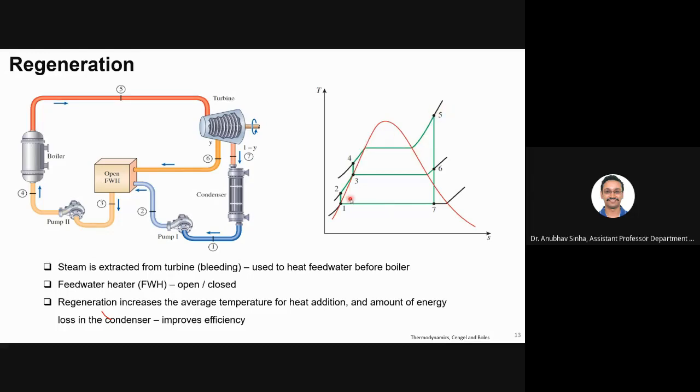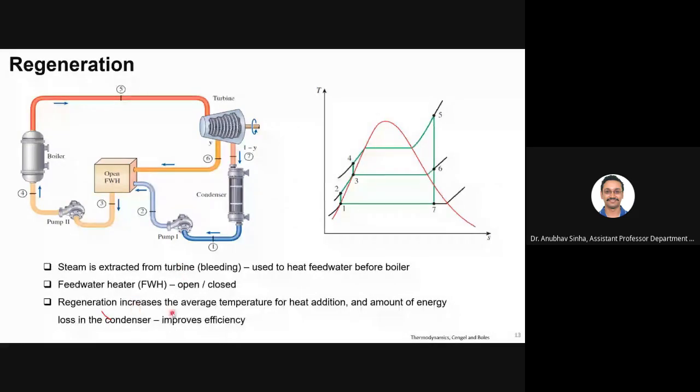Now we are expanding using a turbine. From 5 to 7 we have the turbine. Midway at 6 we are extracting some amount of steam, which we are using here. So what is the net effect of doing a regeneration like this?